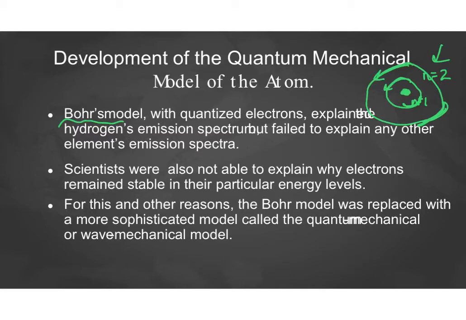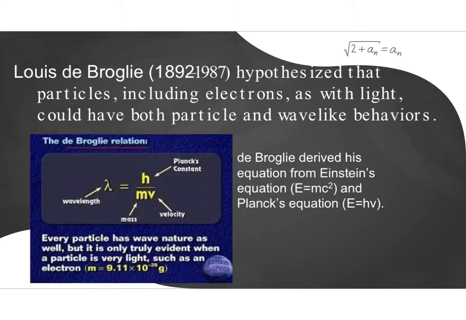They absolutely do not. So please make sure you understand that. We don't know exactly how they move, but they do not rotate like a planetary model. And scientists were also not able to explain why the electrons remained stable in the particular energy level. So there was more work done.